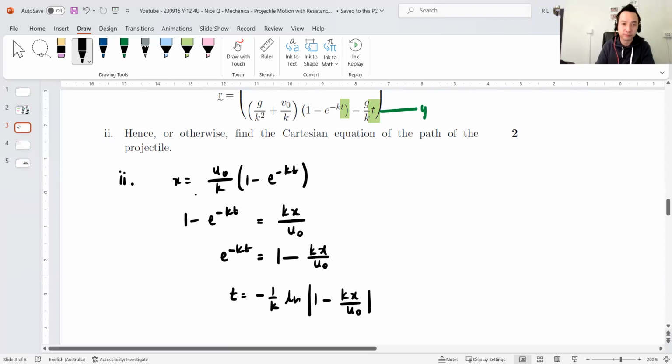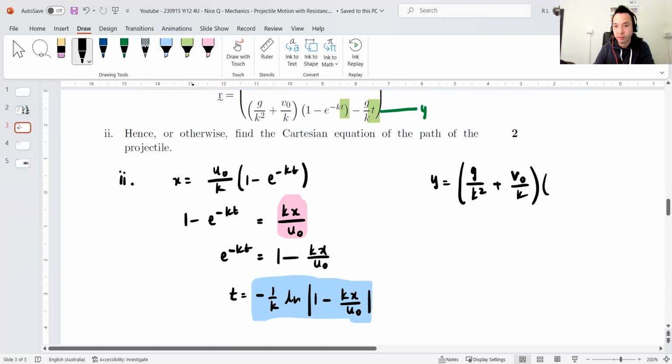Okay, so I'm going to sub this guy and this guy into the y value. Now, what's the y value? y equals, just copy and pasting that, g on k squared plus v0 on k, 1 minus e minus kt, and minus g on k t. Okay, cool.